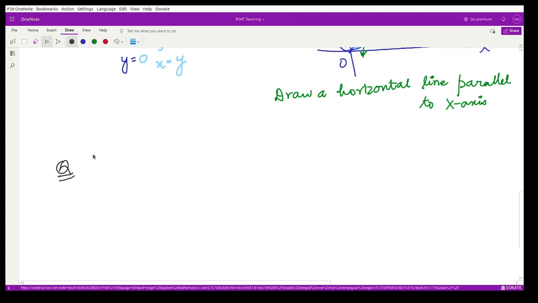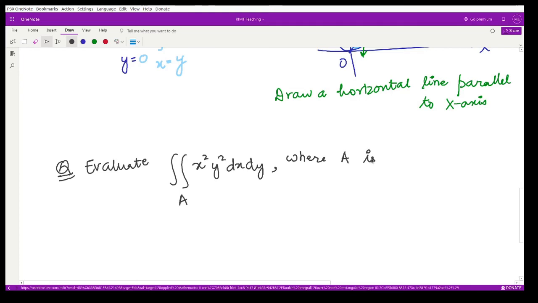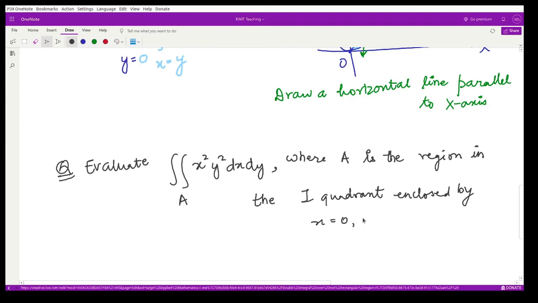Evaluate the double integration over the region A of x square y square dx dy, where the region A is the region in the first quadrant enclosed by x is equal to 0, y is equal to 0, and x square plus y square is equal to 1. So this is given to you.